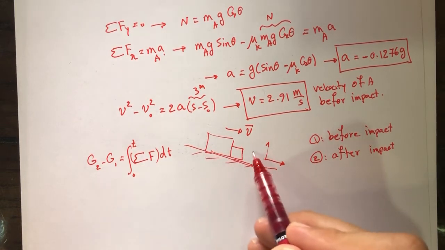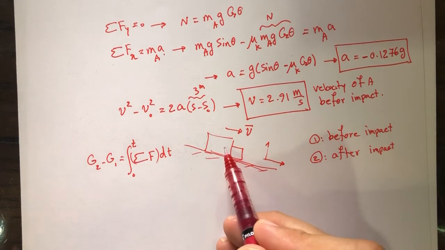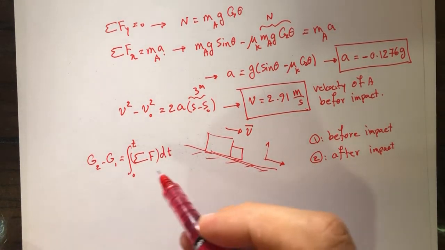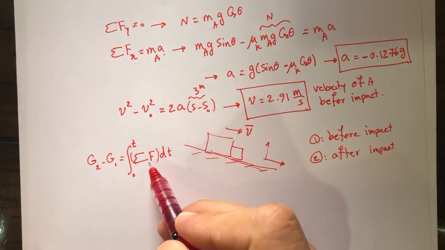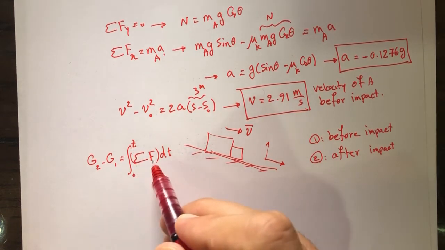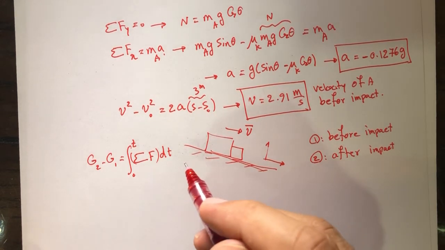And also, again, we are considering both of them as our system, right? So the impact force between these two is not going to be in this sum of the forces. That's going to be an internal force. So we have something here which is not equal to 0, but t is very close to 0 because the duration of the impact is almost 0. It's very, very short.